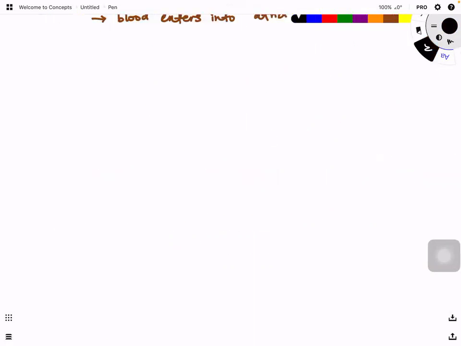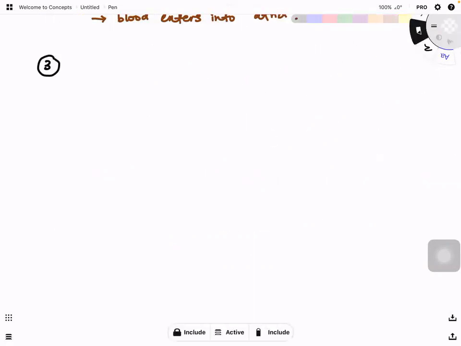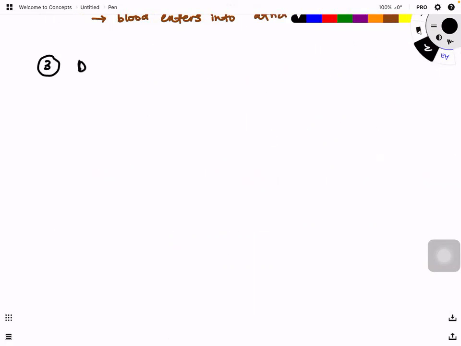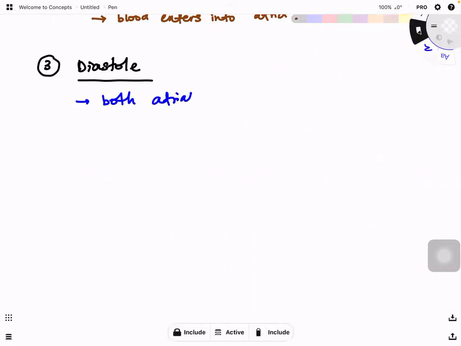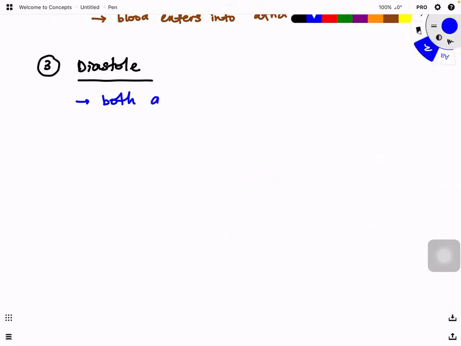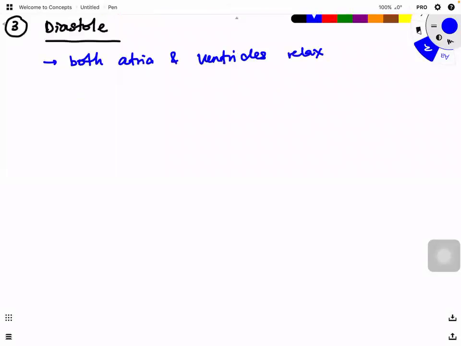So the third stage is when we have both of them in diastole. What are the events that take place here? Both the atria and the ventricles relax. Let us look at the first one.